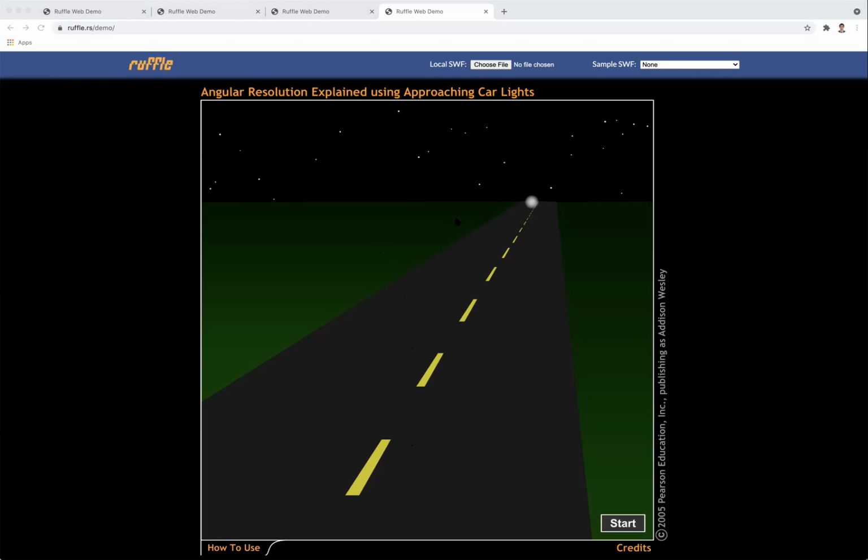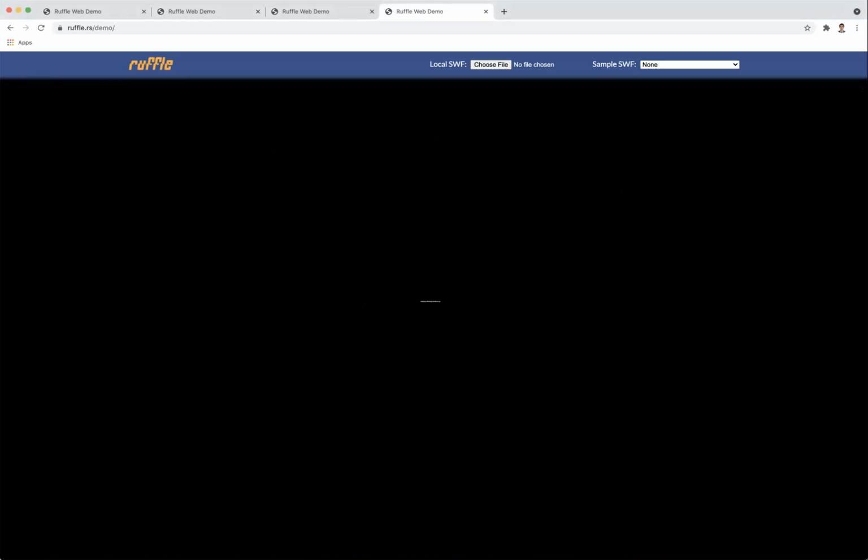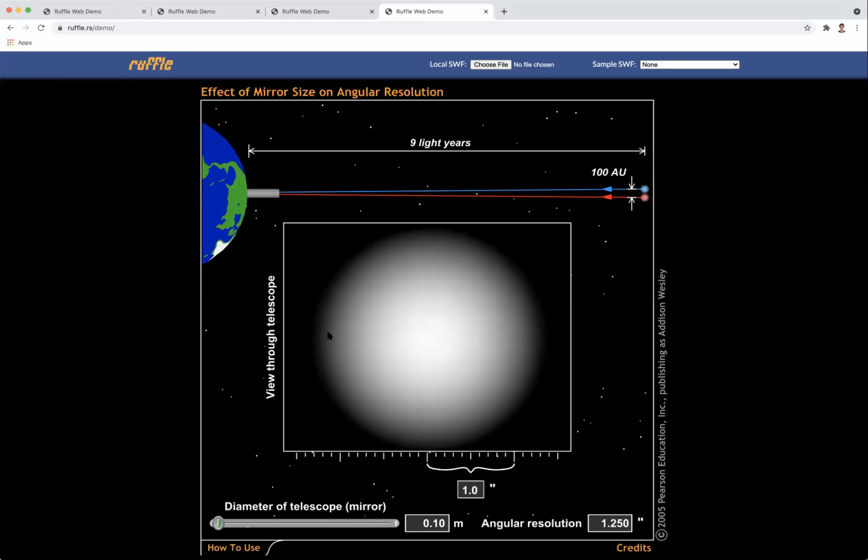Mirror size, there it is. So here you can see that I have a telescope, and I'm looking at a binary star, a double star here, but I can't really see it because I don't have enough resolution. The telescope diameter that I'm using is only 0.1 meters, right? With an angular resolution of 1.25 arc seconds.